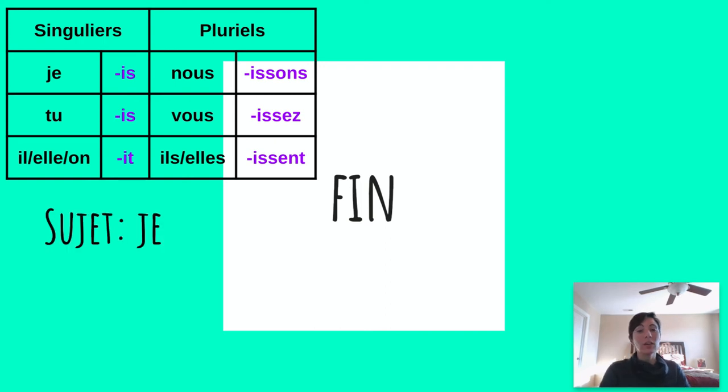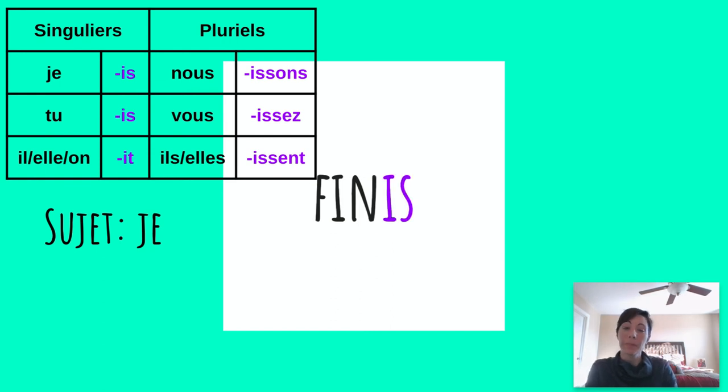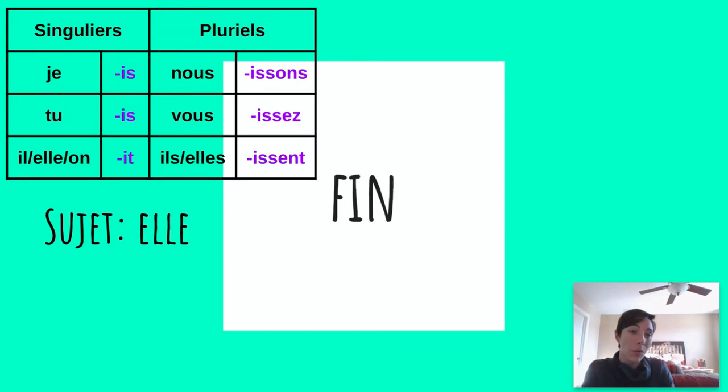Right here, our subject is je. So if I'm the one doing the action of to finish, like I'm finishing homework, I would say je finis. If you are finishing your homework, tu finis. I would add an S. If he or she or one or it is finishing their homework, it would be finit, F-I-N-I-T, because that's my ending.